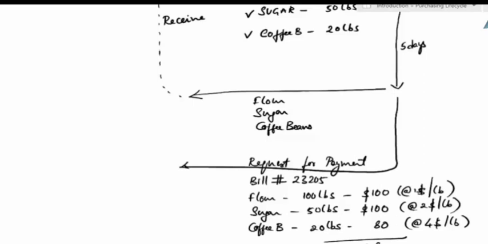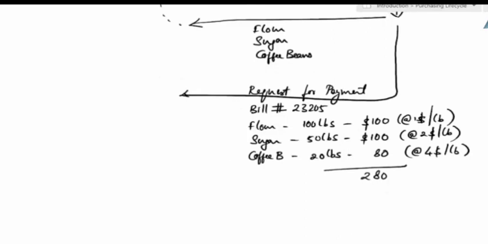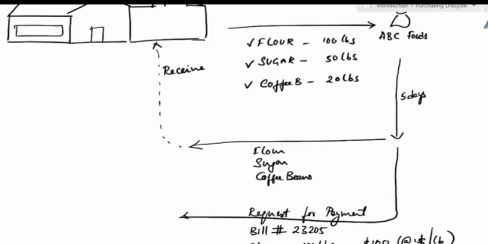And the total here is going to be 280. And say there is a tax of 10%, sales tax. That's going to be 28. And the total is going to be $308. That's what we should be paying this vendor.